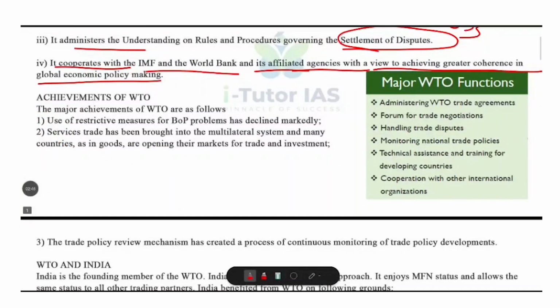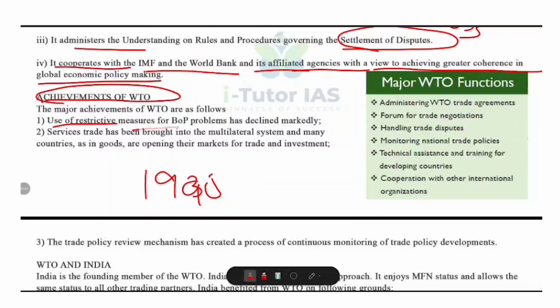Now, achievements of the World Trade Organization. Since its establishment in 1995, the WTO has made several important contributions toward promoting free and fair international trade. So, first, use of restrictive measures for BOP problems has declined markedly.